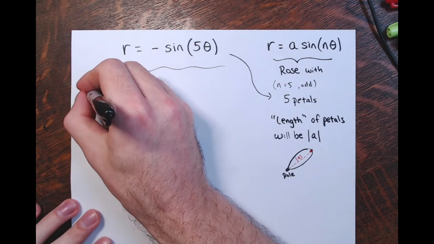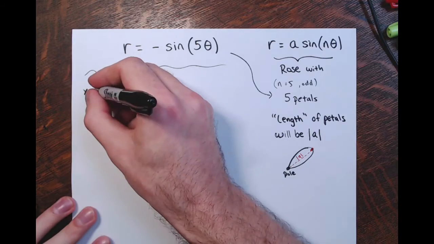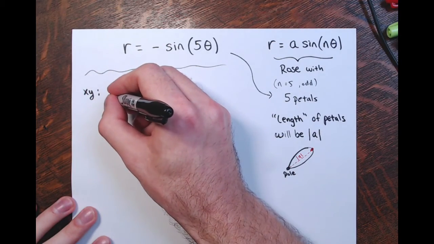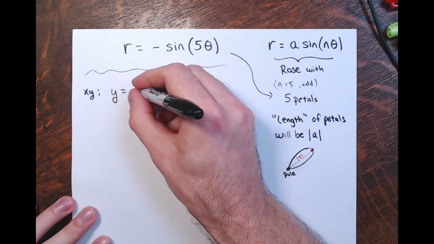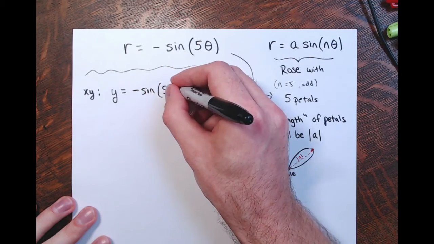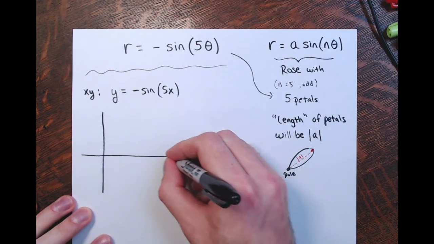So the xy version, not the rectangular. I'm not converting it to rectangular coordinates. Yes, it'll be x and y, but I'm just looking at an old version of our trig functions. You know, instead of r, y, and instead of theta, x. Y equals negative sine of 5x. And remember what this graph looked like, the way we used to graph things.